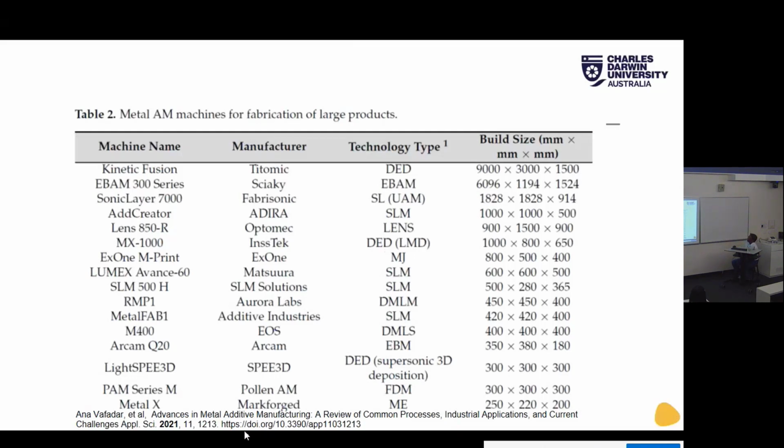So you can see some of these sizes that are mentioned. Electron beam additive manufacturing seems to have a very large size part, nearly 6 meters in height or width or whatever. It's really large. And then there is also the company Titomic, which uses the cold spray method to produce additive manufactured parts.